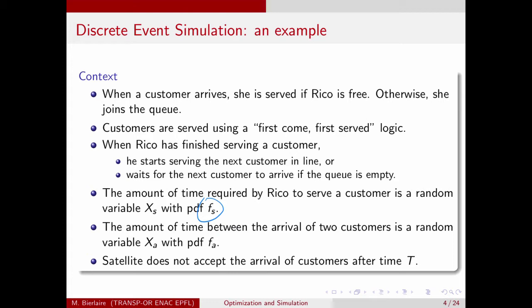And we will use XA to characterize this time, which is associated with a PDF FA. And finally, we assume that when the closing time, capital T, arrives, Satellite is not admitting any more customers, but the customers who are still in line will be served. And Rico can leave the bar when everybody has been served. Good, so this is setting up the stage.